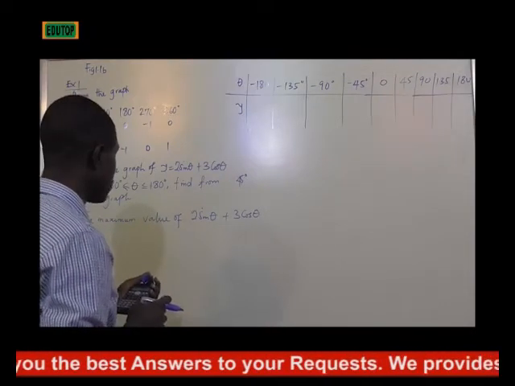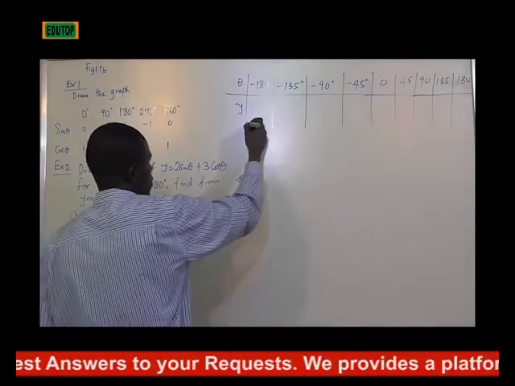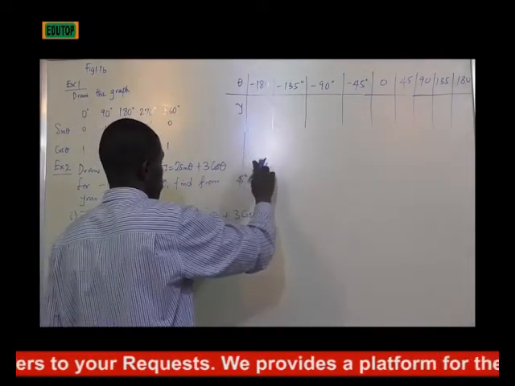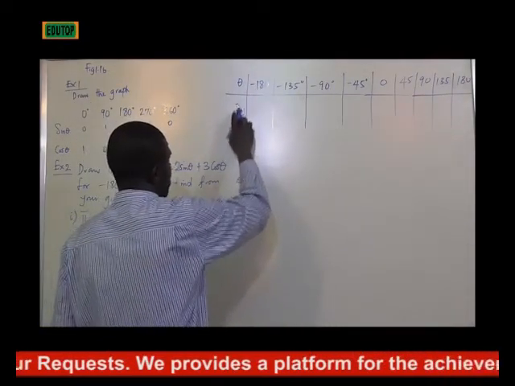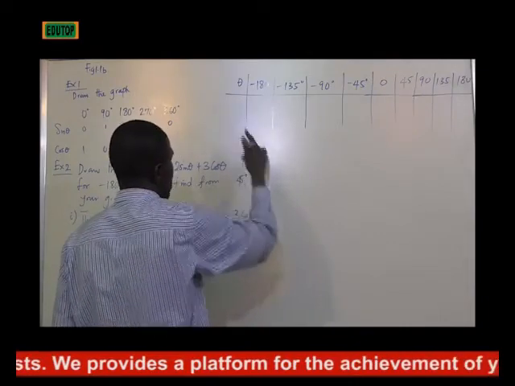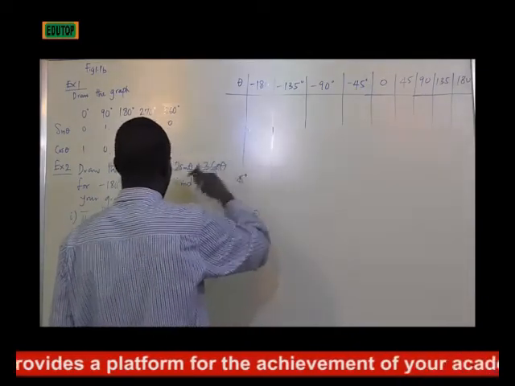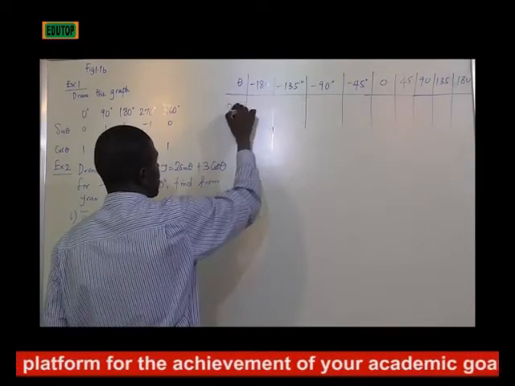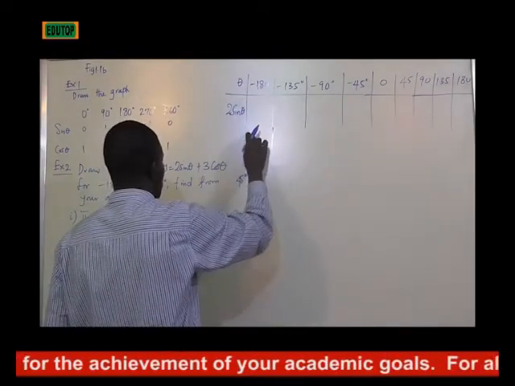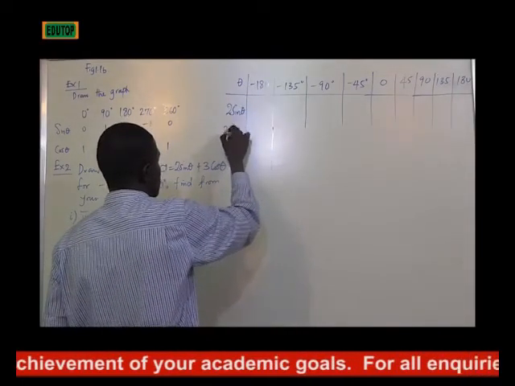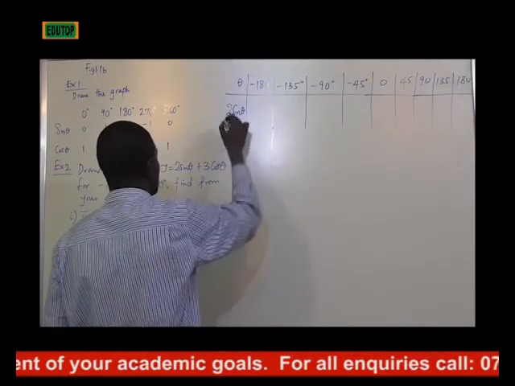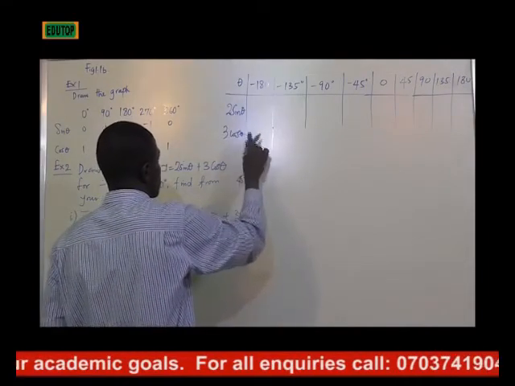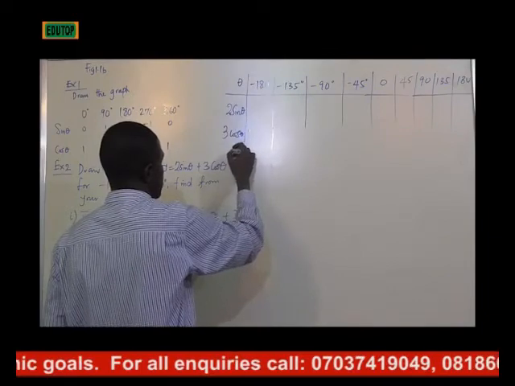So we have to look for our y. We can make our y the last column. Then we write 2 sine theta, then we write plus 3 cos theta. Then we have our y.